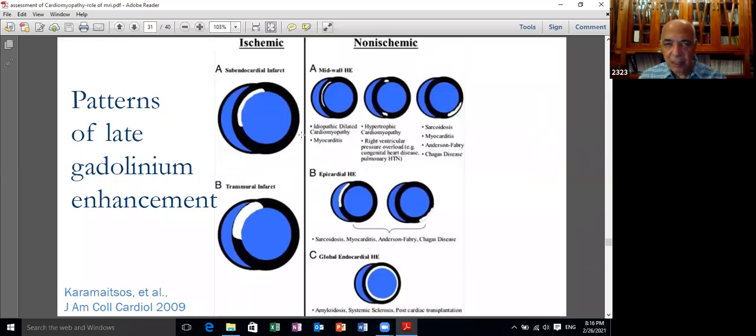In the non-ischemic situations, you get a mid-wall delayed gadolinium enhancement in patients with idiopathic dilated cardiomyopathy or a progressive form of myocarditis. In hypertrophic cardiomyopathy, you get it in various parts of the left ventricular wall, particularly areas that show hypertrophy.